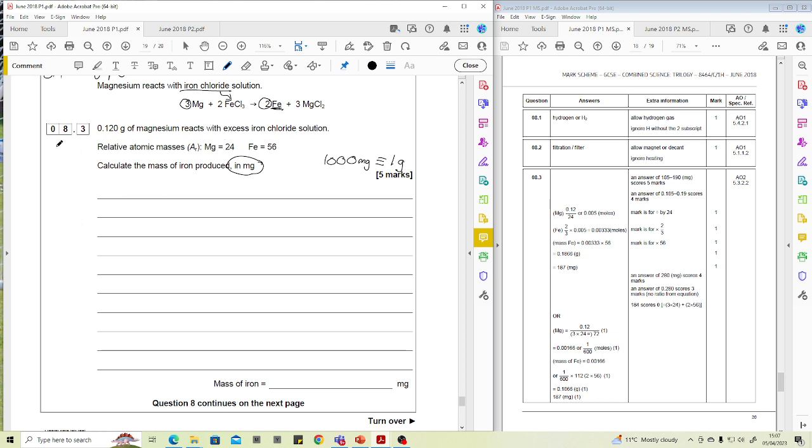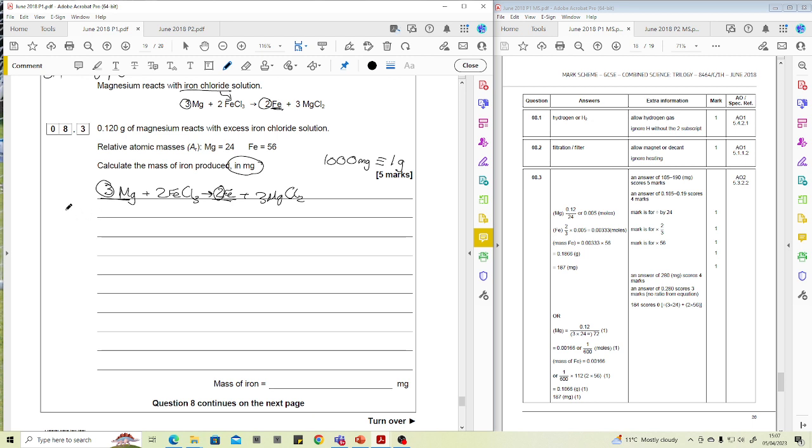So I'm going to do word method and table method. 3 Mg plus 2 FeCl3 makes 2 Fe plus 3 MgCl2, and I'm only interested in this bit and this bit, and I'm going to use my ratio once, not more than that.